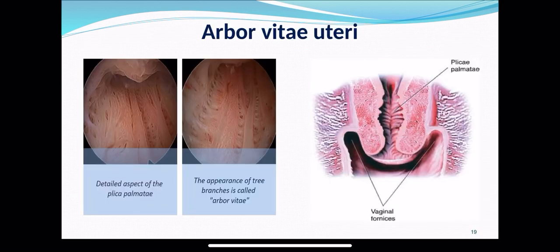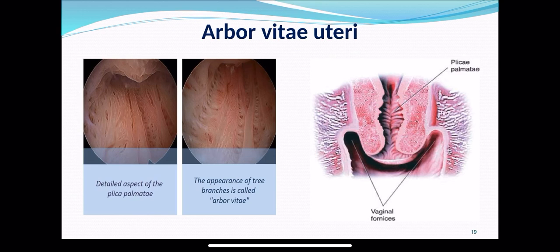Arbor vitae uteri is a term given to the branching pattern of the cervical canal in the uterus. So in the picture on the right side, you can make out the cervical canal, labeled as plicae palmatae. Plicae palmatae is nothing but the branching pattern of the cervical canal, and that is also known as arbor vitae uteri, the tree of life pattern of the cervical canal of the uterus.